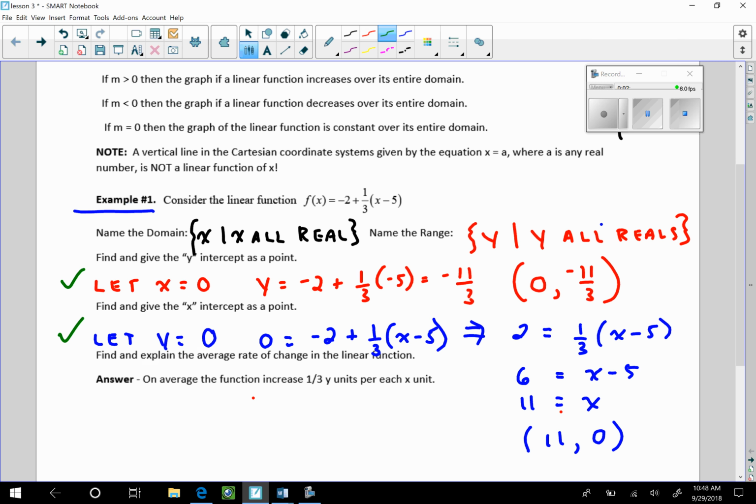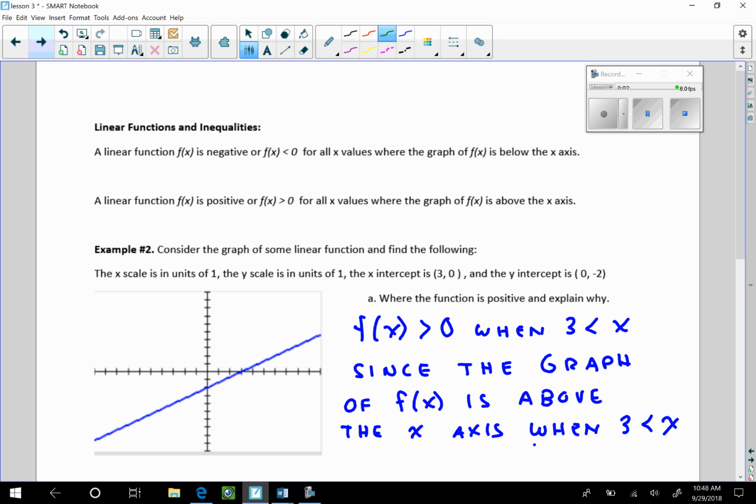Moving forward, in light of the limited amount of time that we have, let's talk about linear functions and inequalities. A linear function f of x is negative, or we say f of x is less than 0, for all x values where the graph of f is below the x-axis.